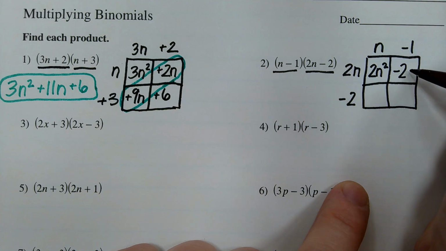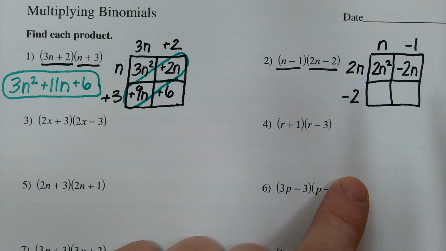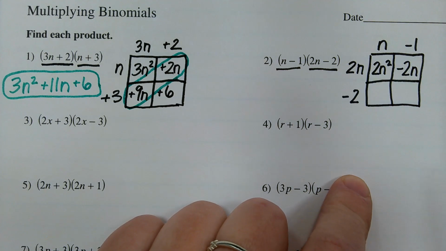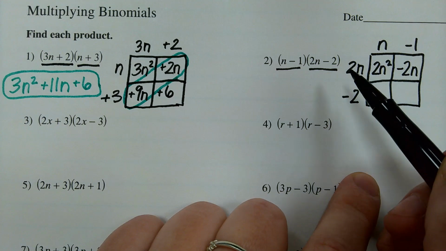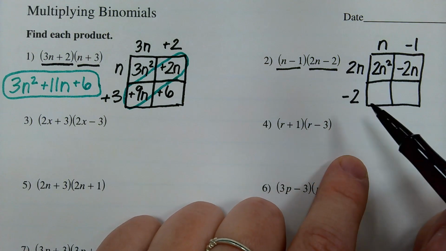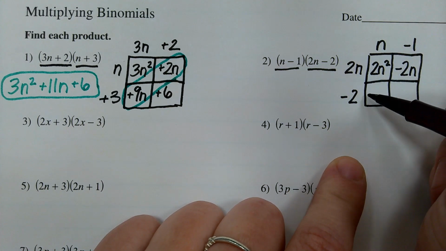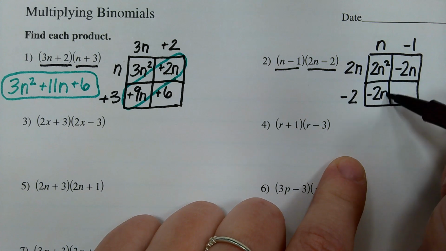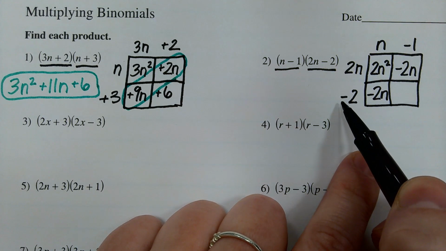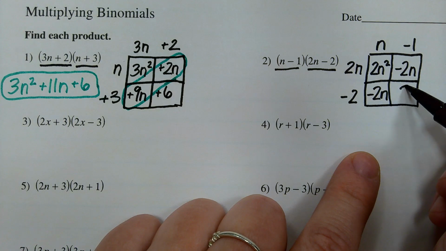Negative 2n. Okay, so we're done with the top row. Multiply everything that 2n needs to be multiplied by. And let's go down to the second row where we have a -2. What's -2 times n? -2n. Oh, look at that. -2n. And lastly, what's -2 times -1? 2. Yeah, +2.